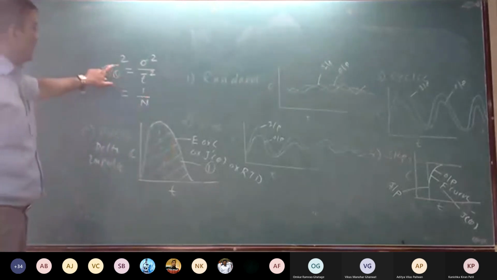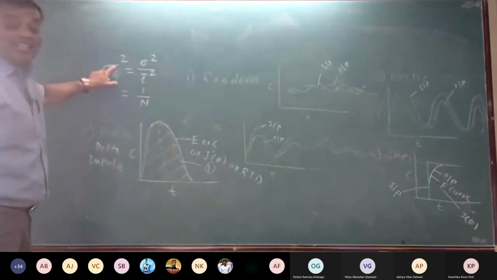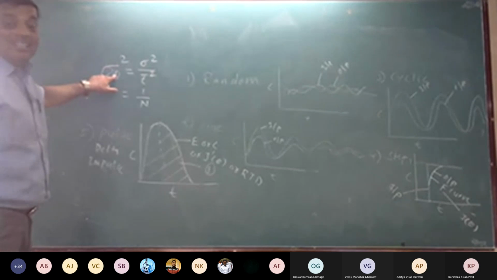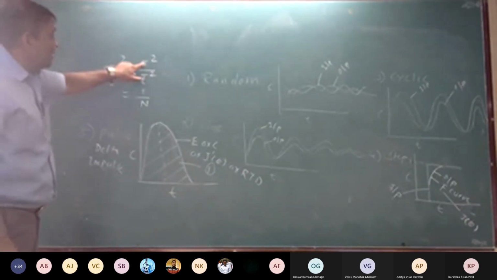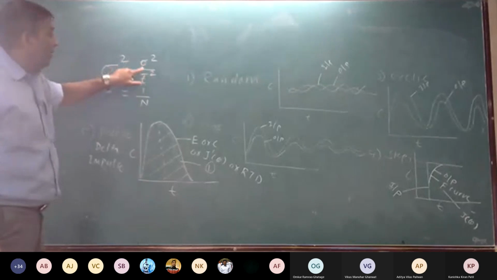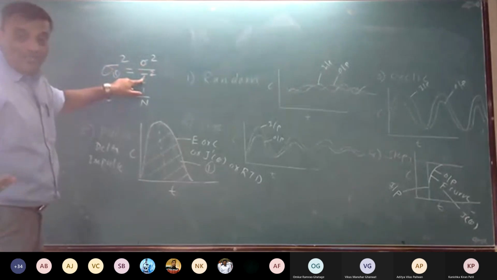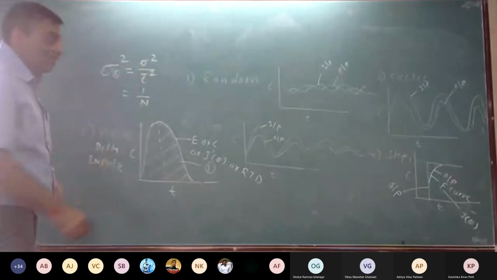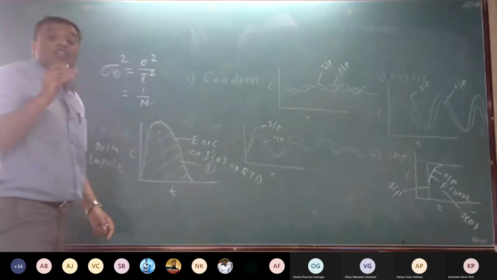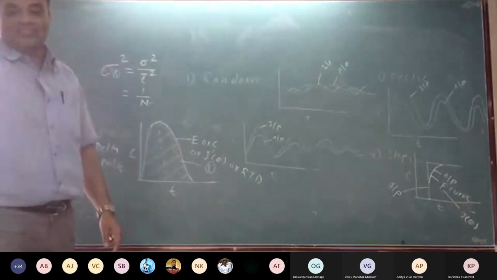This is a very important parameter to find non-ideality in the tanks-in-series model. Why dimensionless? Sigma square has dimension of time square, minute square, and t bar square also, so the dimensions cancel. Here n is the number of equal size CSTRs in series.